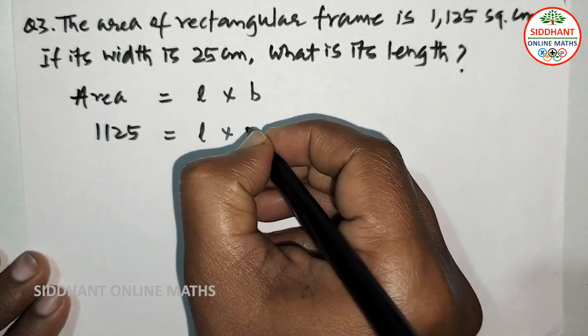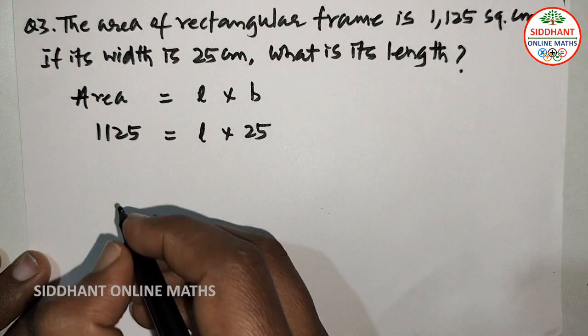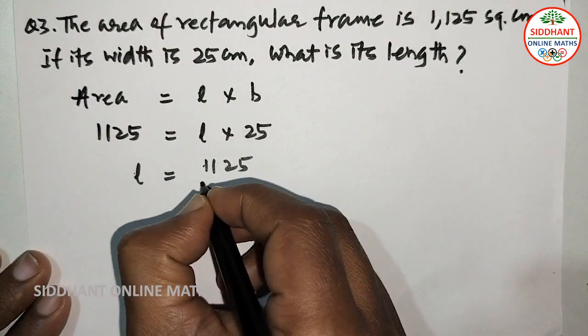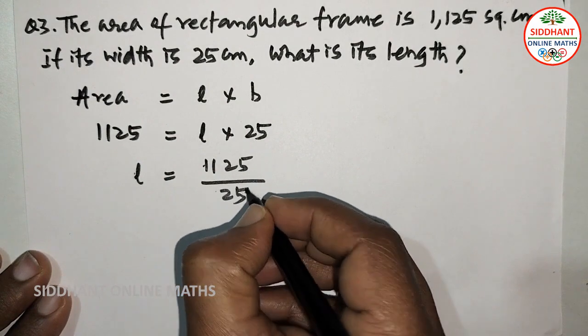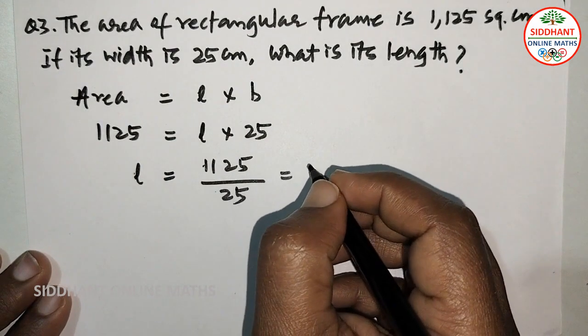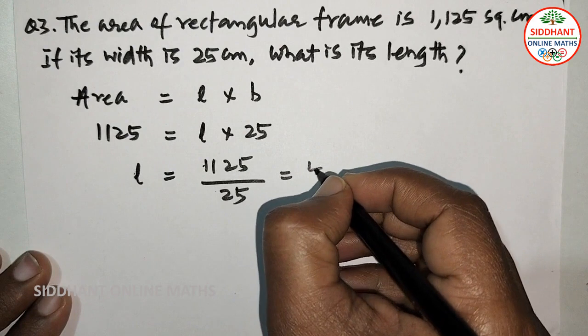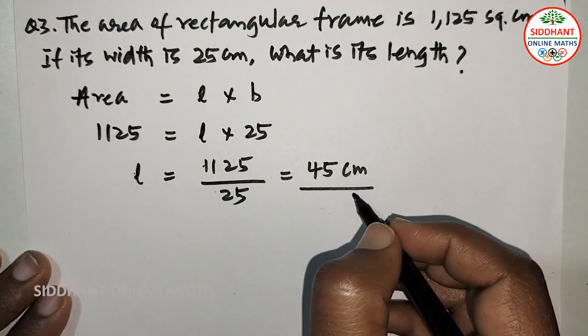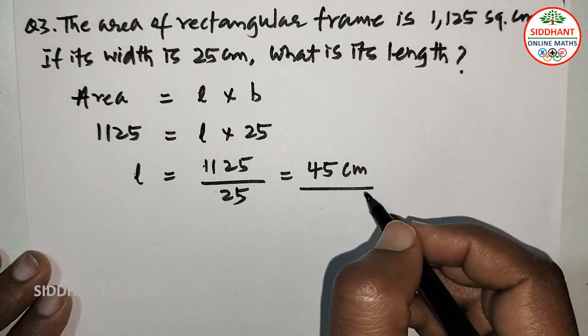So L into 25 centimeters, then L is equal to 1125 by 25. So that will be 45 centimeters. So this is the length of the rectangle.